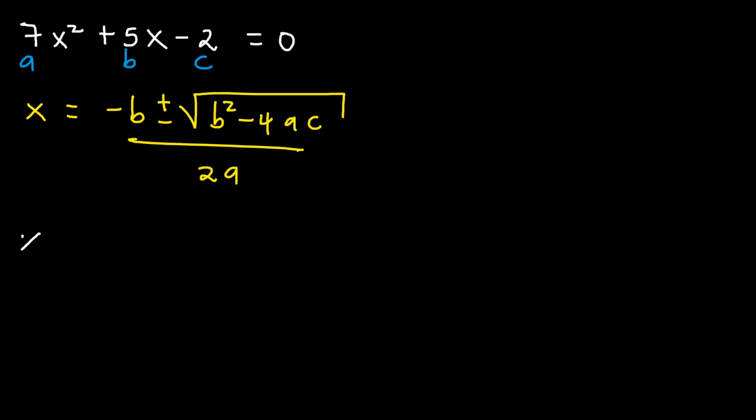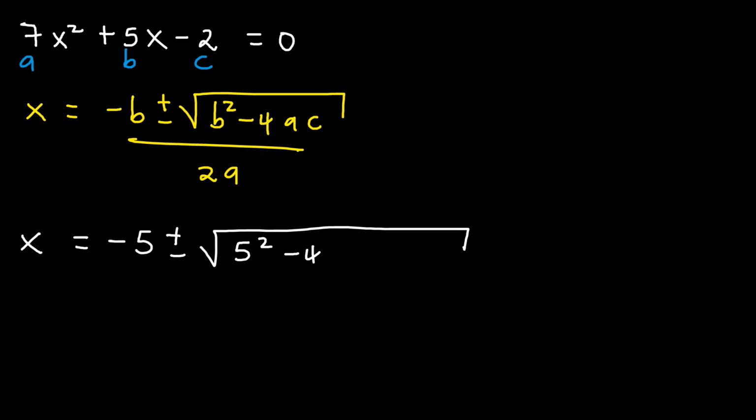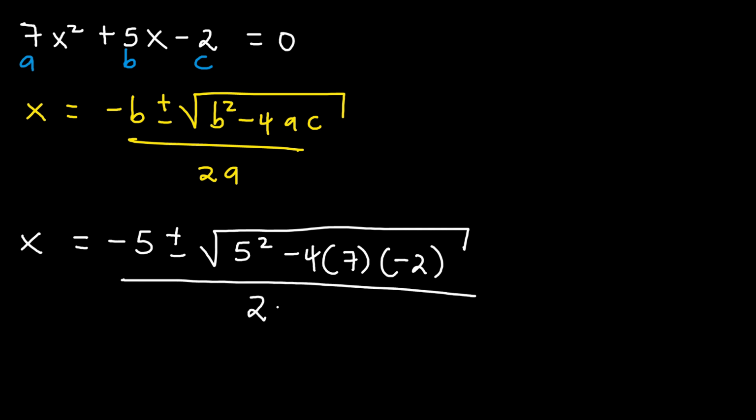So we shall have x equaling negative b, which is 5, plus or minus the square root of b^2, which will be 5 to the power of 2, minus 4 times a, which is 7, times c, which is negative 2. And this will be divided by 2 times a, which is 7.